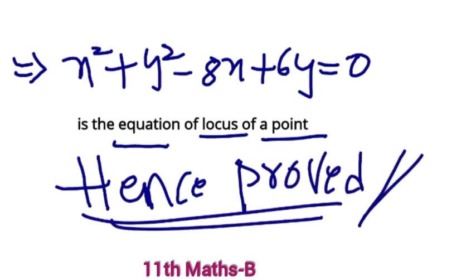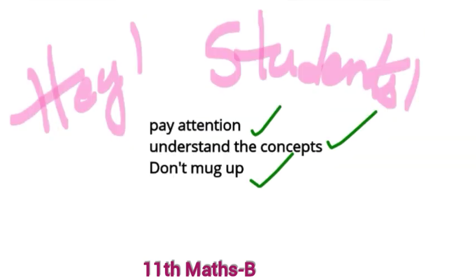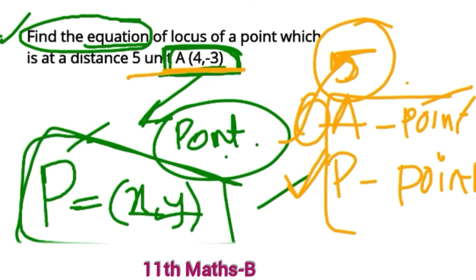Okay, clear, it's completed. Let us go through a recap from the start. What is our aim here? To find the equation of a locus of a point, where the distance given is 5 units from a point.